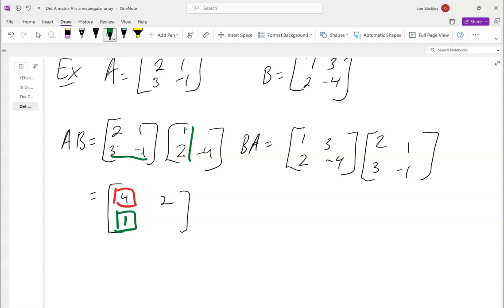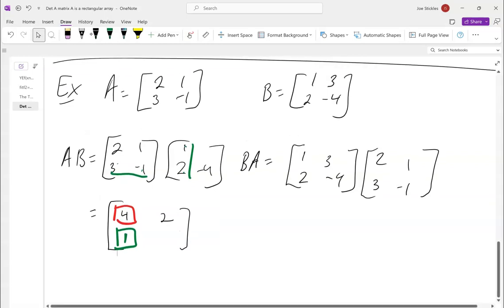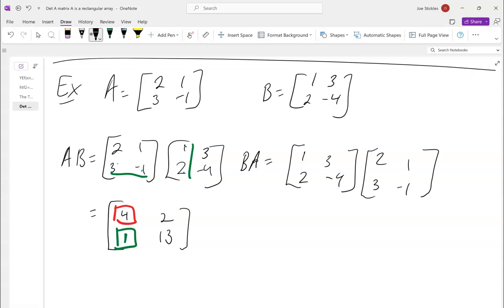So I get 1. Finally, oh, hey, I erased, what was the upper left-hand corner there? It was a 3, wasn't it? It got erased. I don't know why I keep doing that. What do we get for the last entry then? 13? Yeah, I heard 13 a couple of times. Everybody okay with where those are coming from? I know if you haven't seen matrix multiplication before, it's weird. Right? I find it weird.